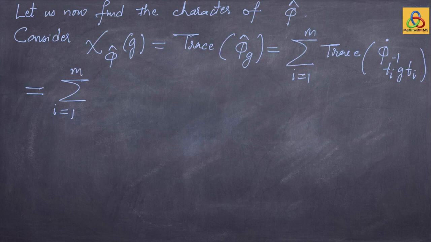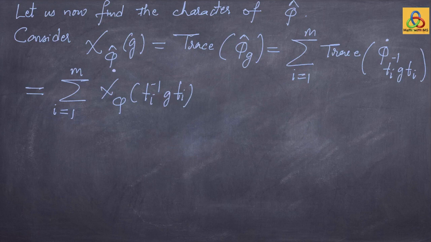Trace of phi dot by definition is the same as trace of phi of Ti inverse G Ti and then dot of that. But trace of phi of Ti inverse G Ti is just the character of phi evaluated at that point and then dot of that. So this is just the same as chi of phi acting on Ti inverse G Ti and then dot of this.